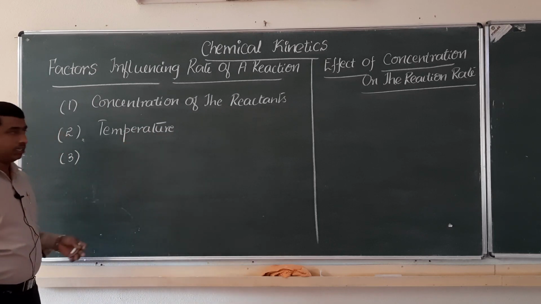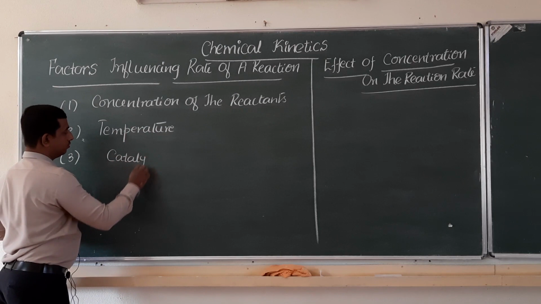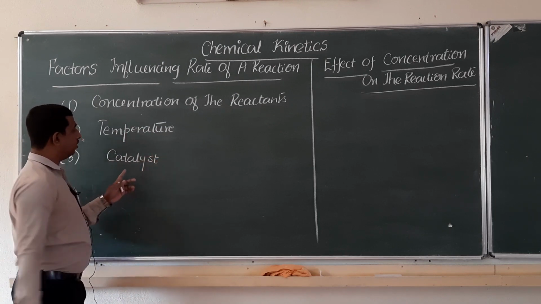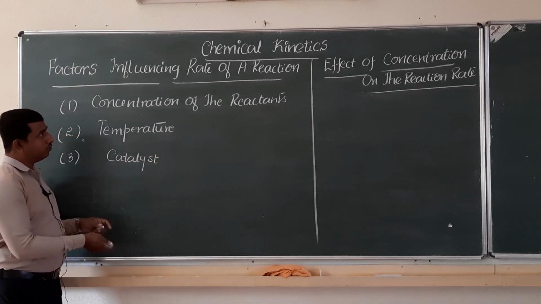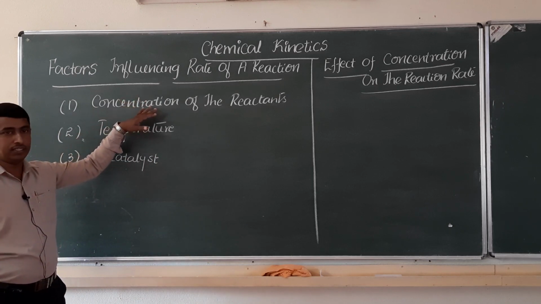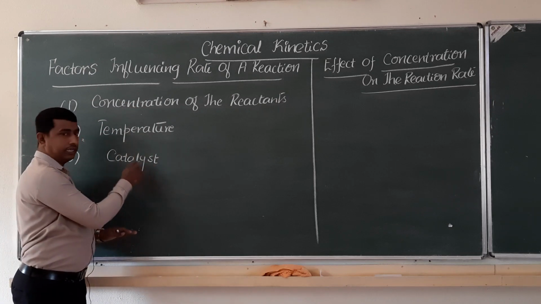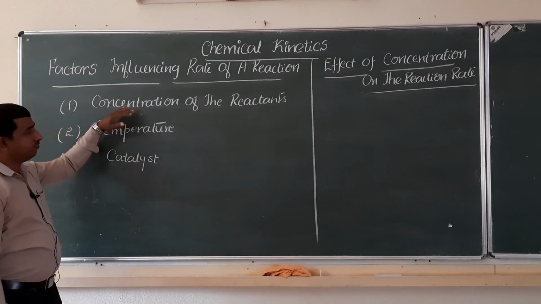Second one, it is temperature. Third factor, that is catalyst. So reaction rate, mainly it is affected by three different factors. They are concentration of the reactants, temperature, catalyst. Now let us study one by one.